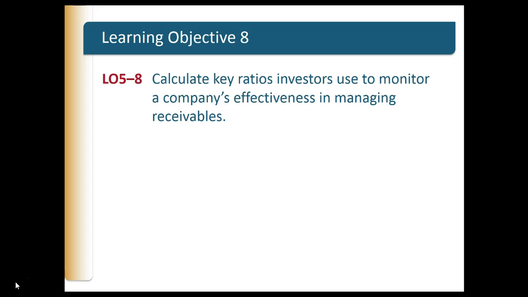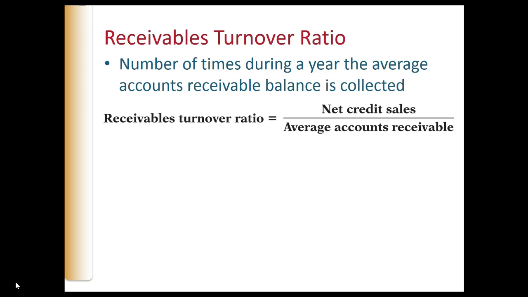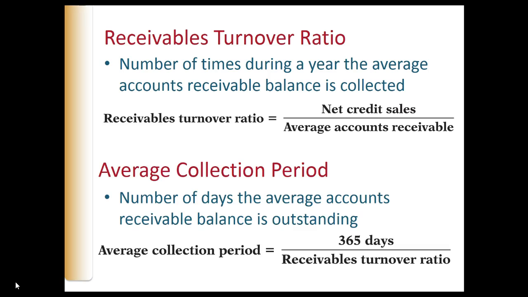Now we are going to look at understanding ratios, and we're going to look at a couple key ratios. The receivables turnover ratio shows the number of times during a year that the average accounts receivable balance is collected, or turns over.